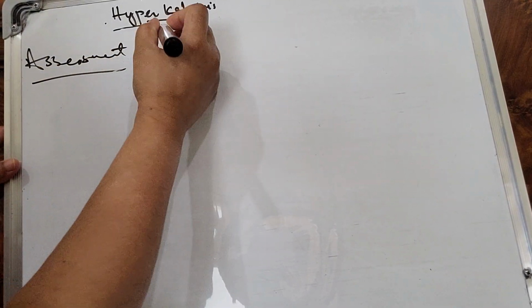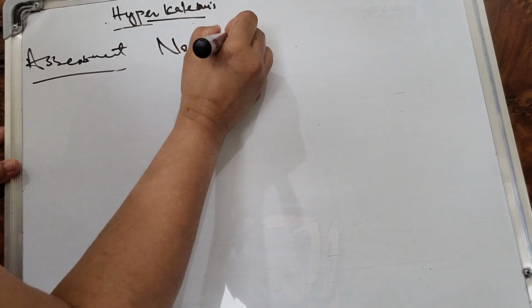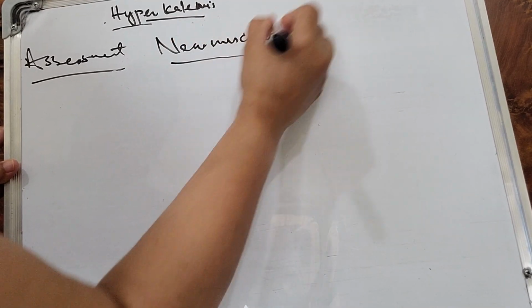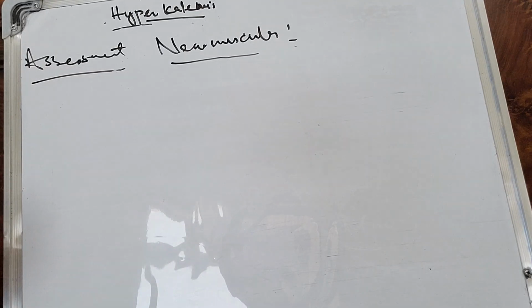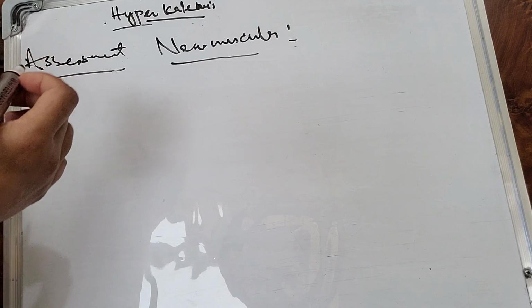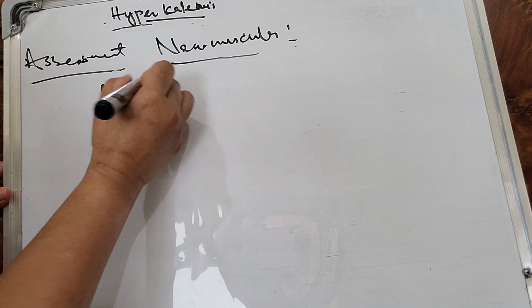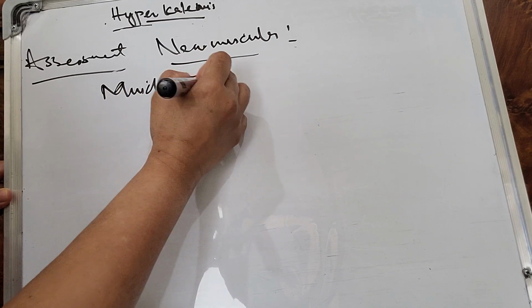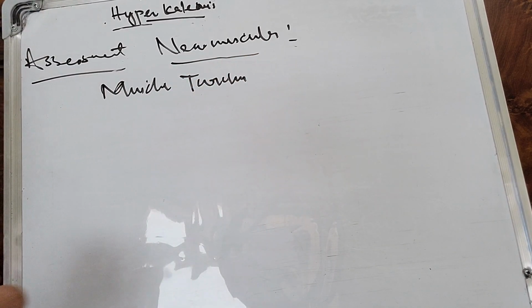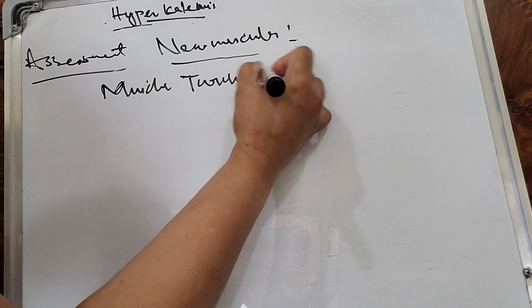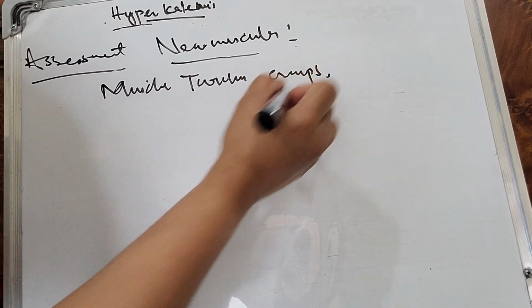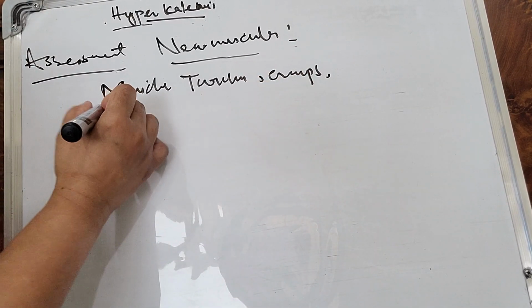Now the third system is neuromuscular. What is happening in the neuromuscular system? In the early signs and symptoms, there are muscle twitches, cramps, and paresthesias.